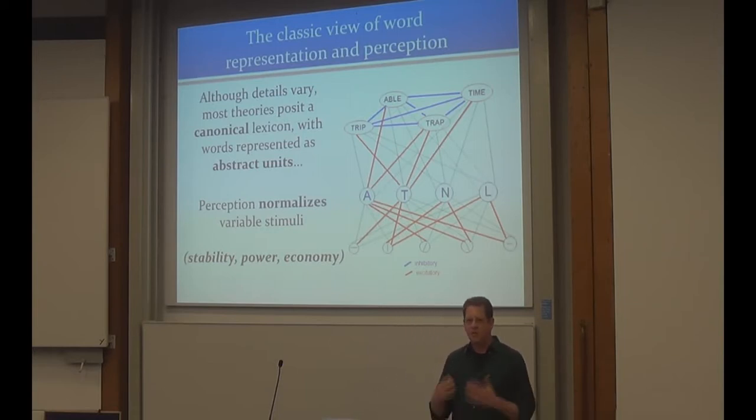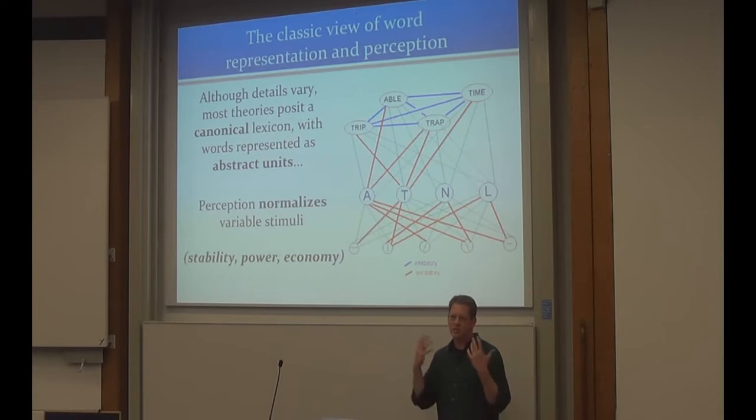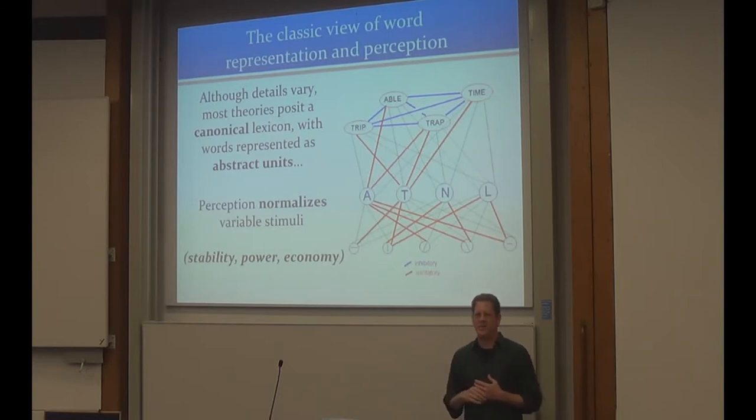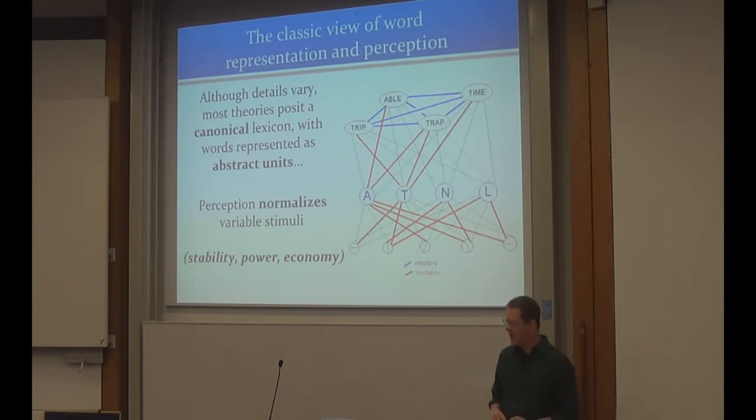That your knowledge of words resides in memory as a set of essentially abstract units. That word frequency is accumulated by maybe changing a threshold for a different unit, or changing the weights on that node in a network.